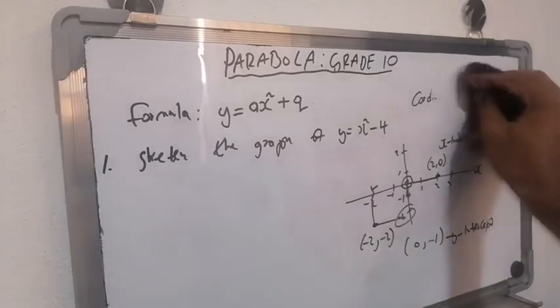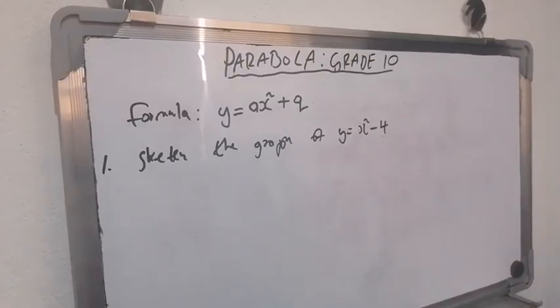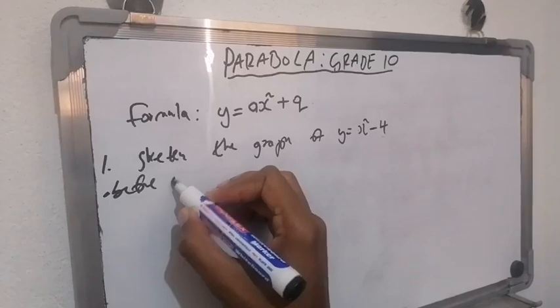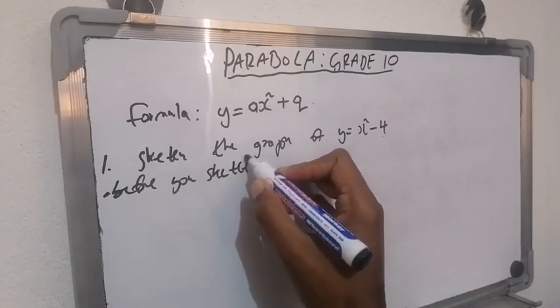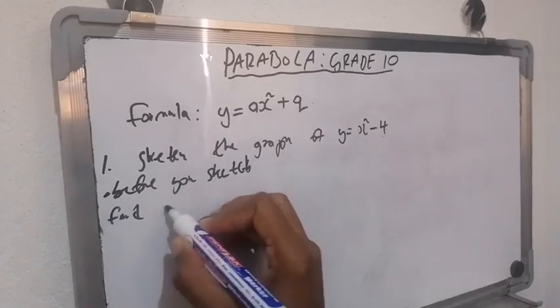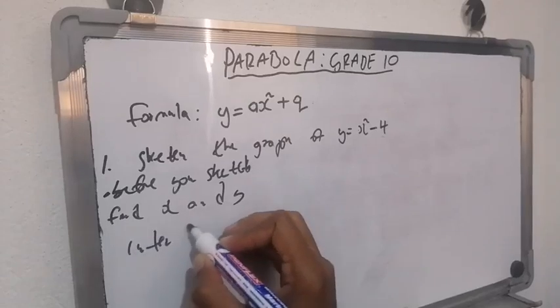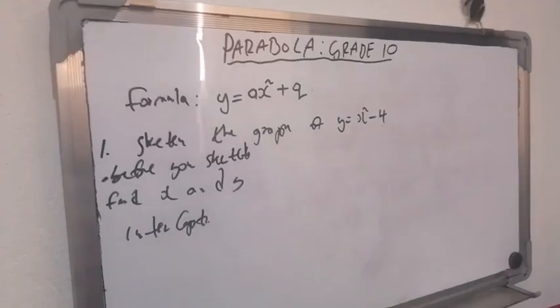So by doing that, point number 1, before you sketch, find the x and y intercepts, because once you know the points, it becomes so simple for you to draw. So before you sketch, you need to find the x-intercept and the y-intercept. Okay, I hope it makes sense so far.